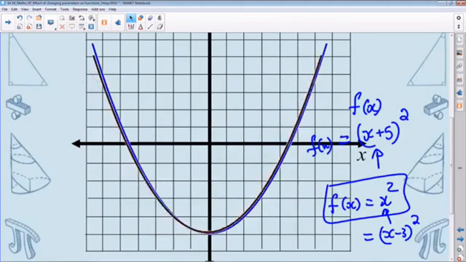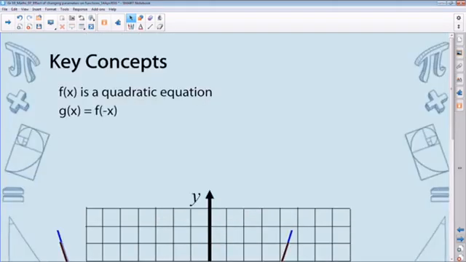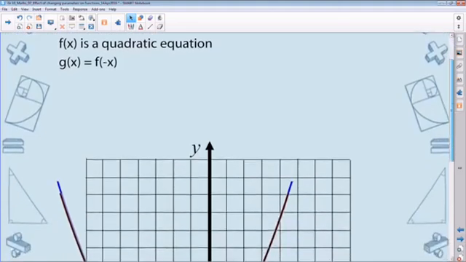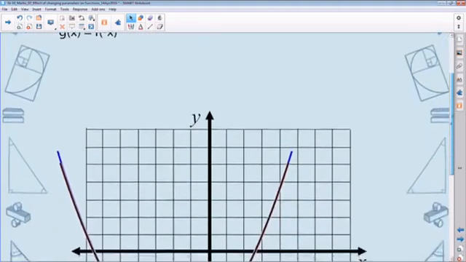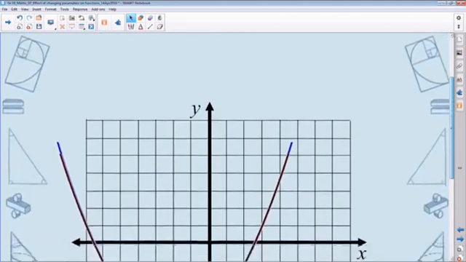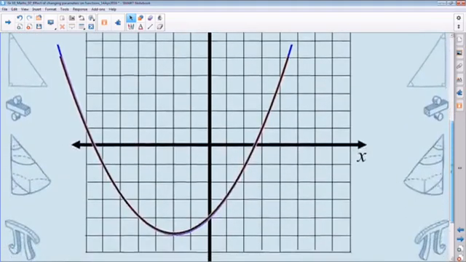Right, let's take it back and then we move on to the next one. What happens if you've got a g of x equals f of minus x?